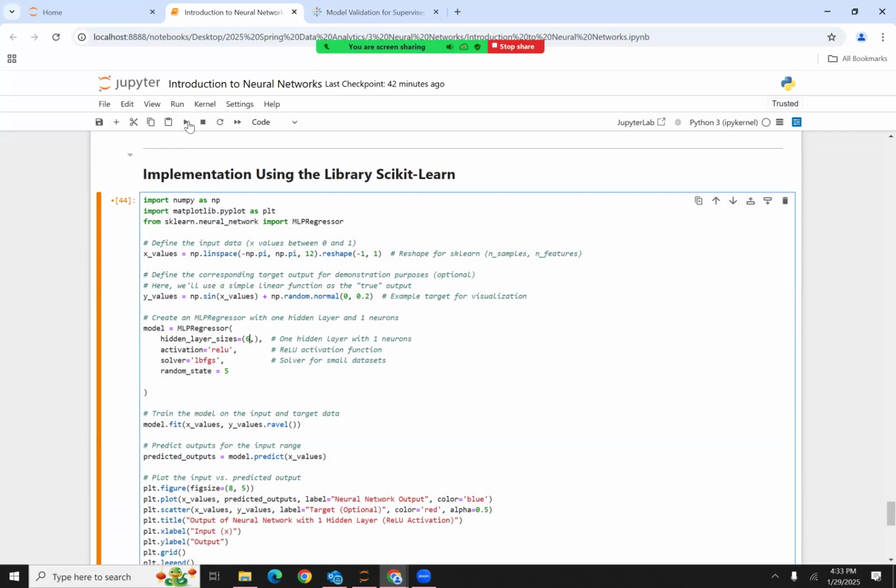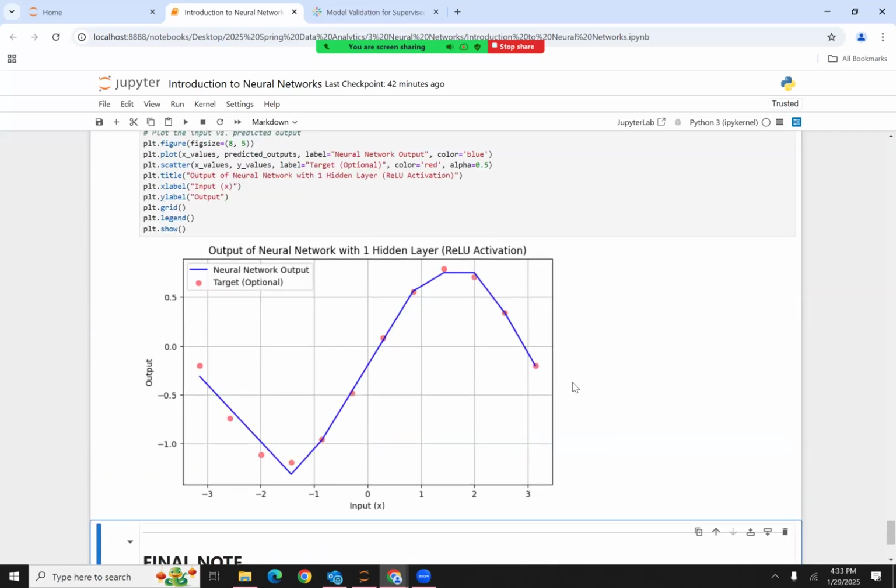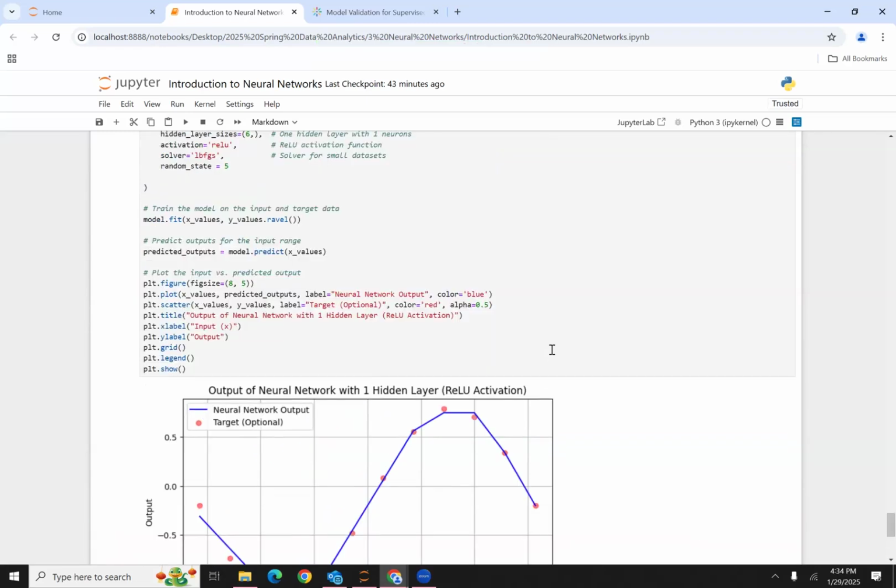If I tried this with 6 neurons, then you can see that right now I'm able to capture lots of the nonlinearities in the target variable. You can see that I'm matching these red dots more closely with a neural network that contains 6 neurons in its one hidden layer.